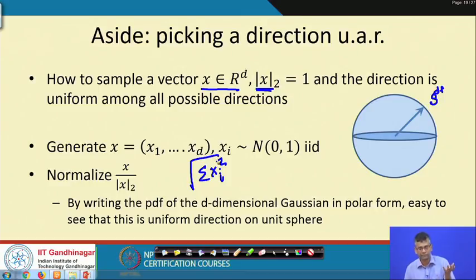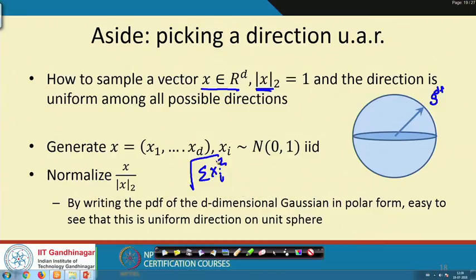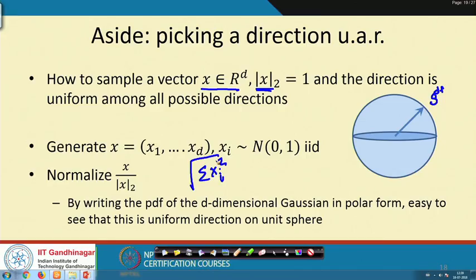So, how do I know that it has a uniform direction in this sphere? For that you need to write the equation of the d dimensional Gaussian in polar form, and you will be able to see that because we are writing it in polar form, the r, which captures the length, and the theta, which captures the direction, can be treated as independent random variables.